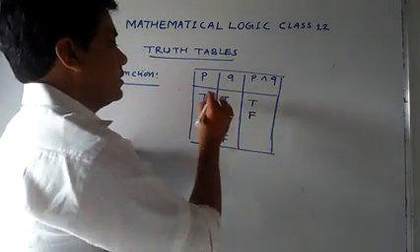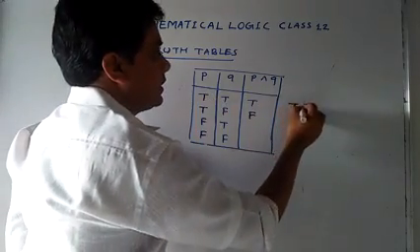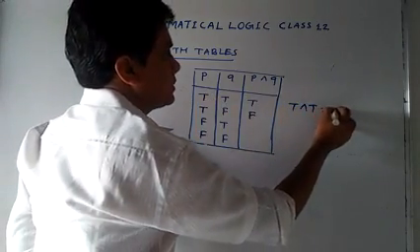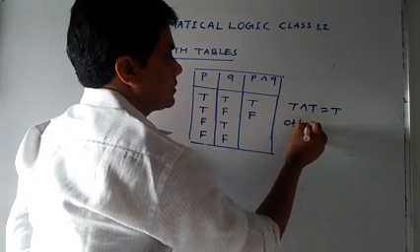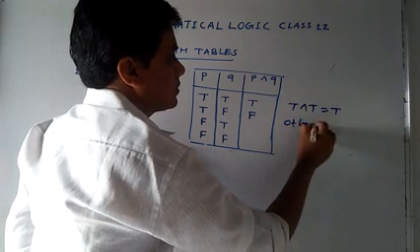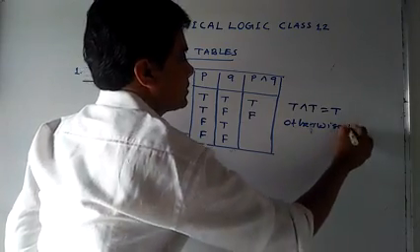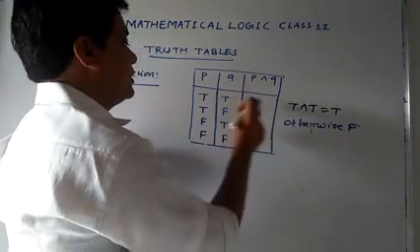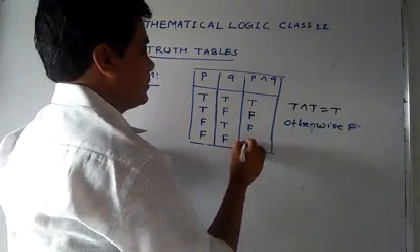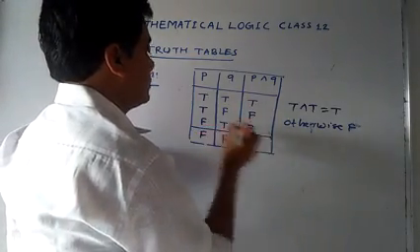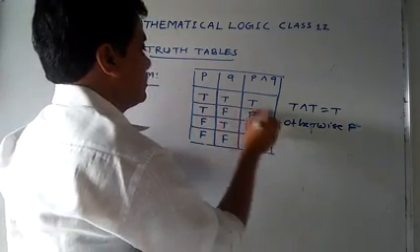In conjunction, only T and T is T, otherwise F, where F means false. This is the truth table for conjunction.